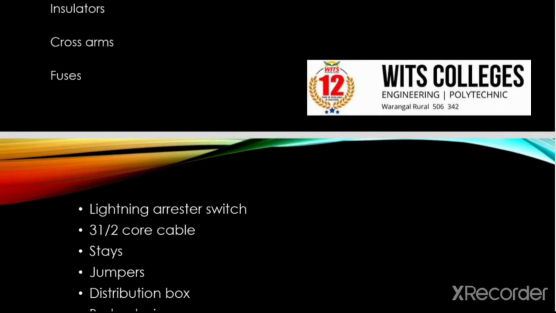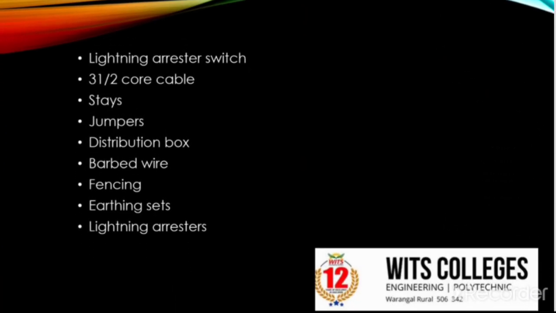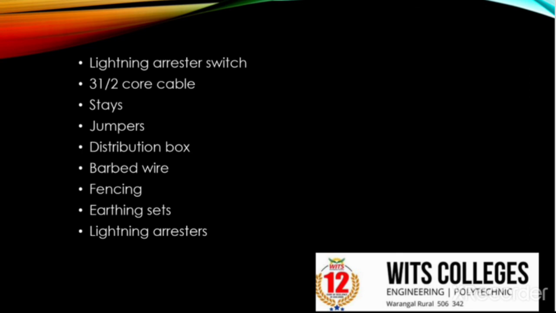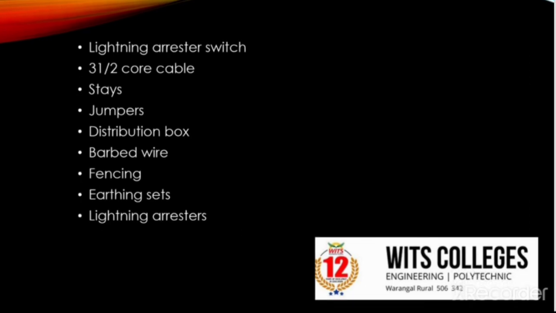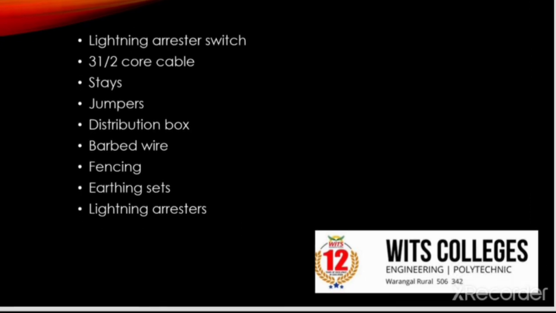The next one will be the 3 and a half core cable. The output of the distribution transformer is connected to the low tension lines through a 3 and a half core aluminum conductor, 11 kV grade PVC cable.